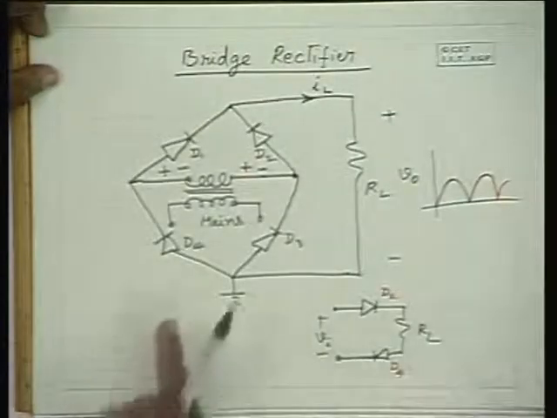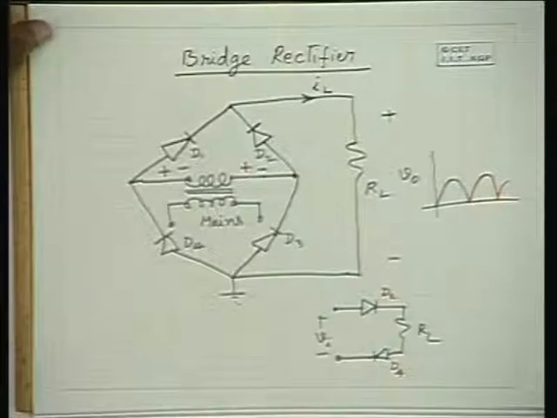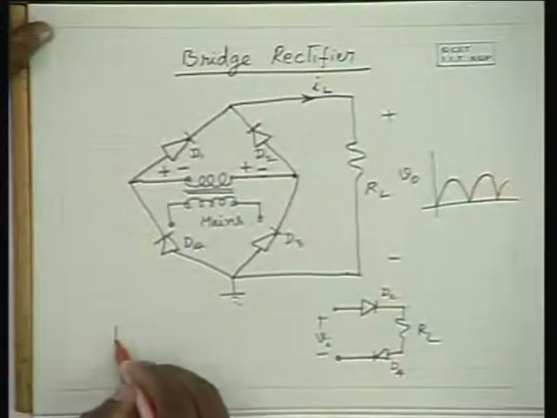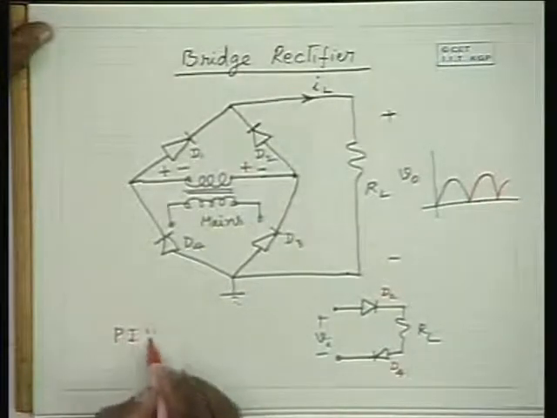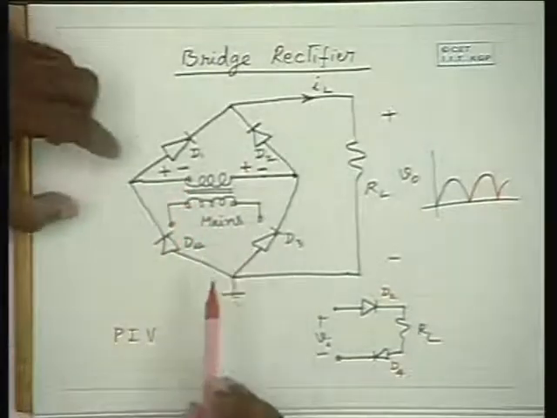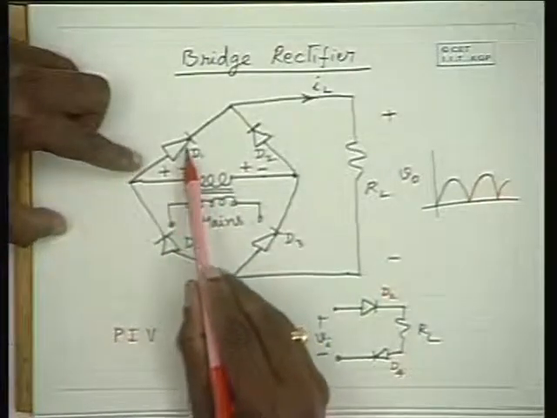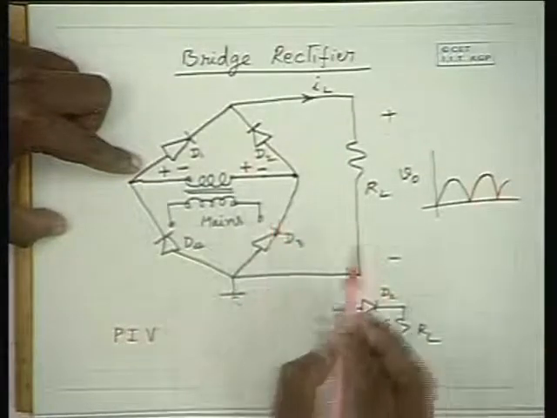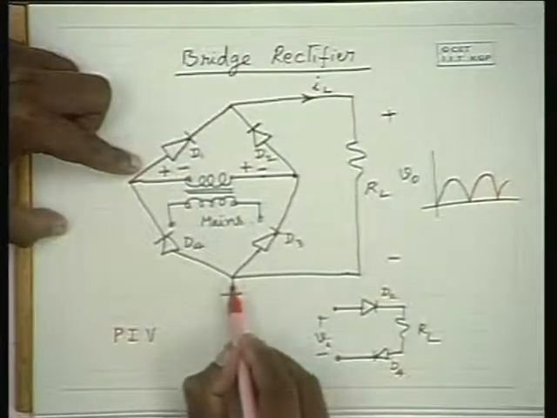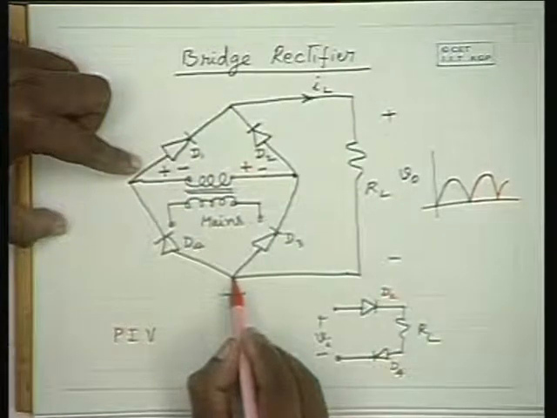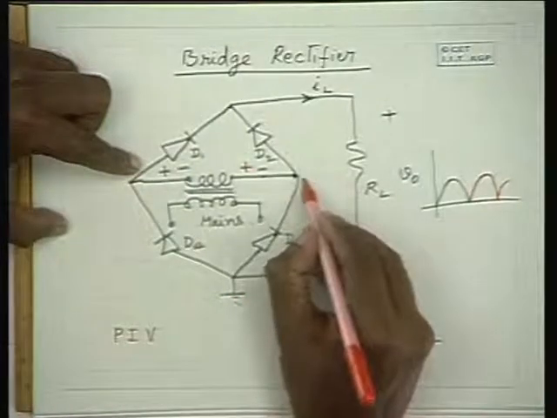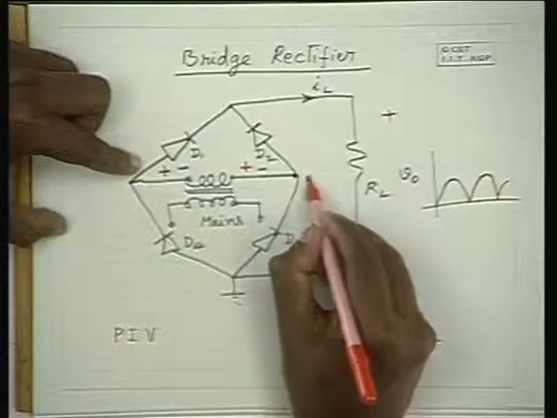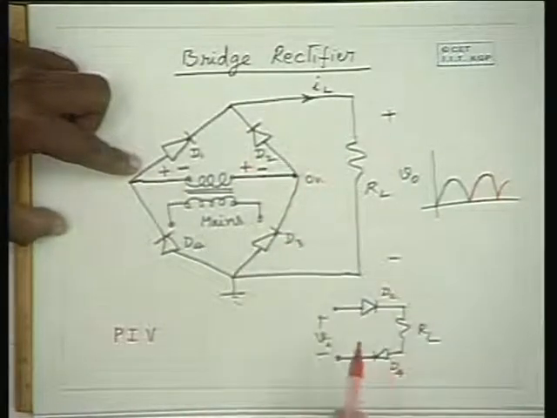Now let us see what is happening in this circuit. So what is the peak inverse voltage in this particular circuit? During the positive half cycle, as we have seen, D1 and D3 are forward biased, and if this point is a ground point, with ideal diodes this is also almost at ground potential, right?